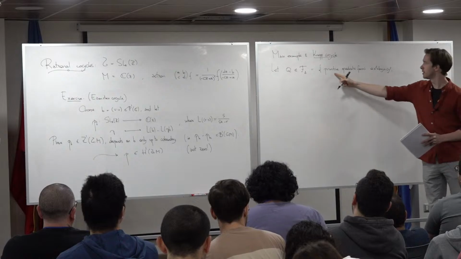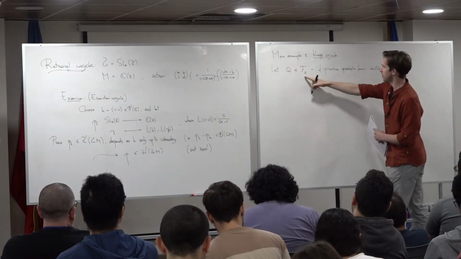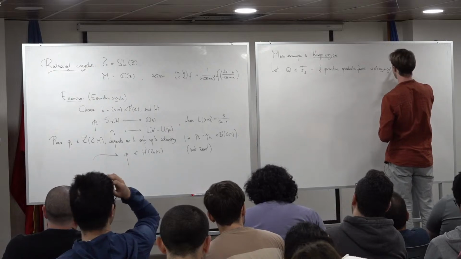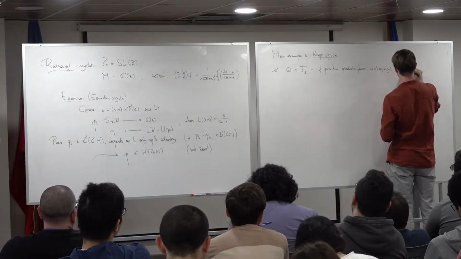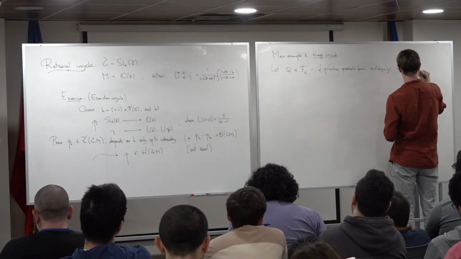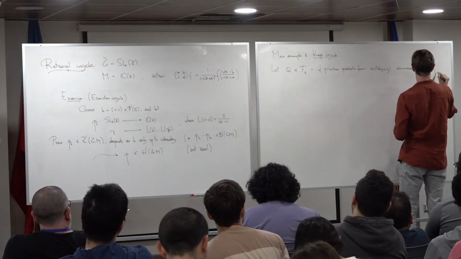And primitive means that they don't have a divisor in common. And the sub delta there means that the discriminant is equal to delta.